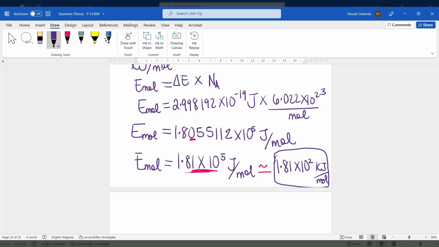So the third question is this question right here. 1.0 ms. So it's just 1.0 times 10 raised to the power of negative 3 seconds.